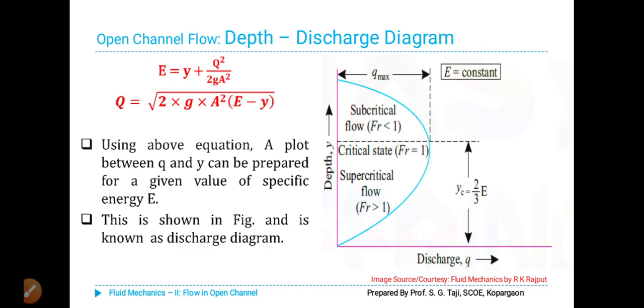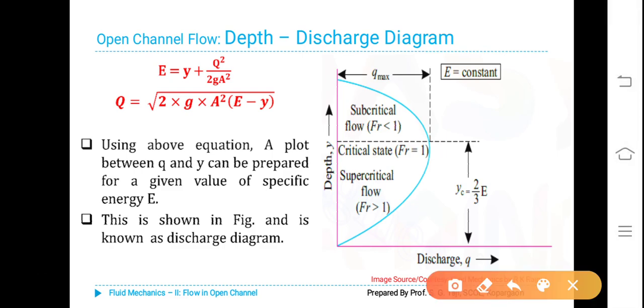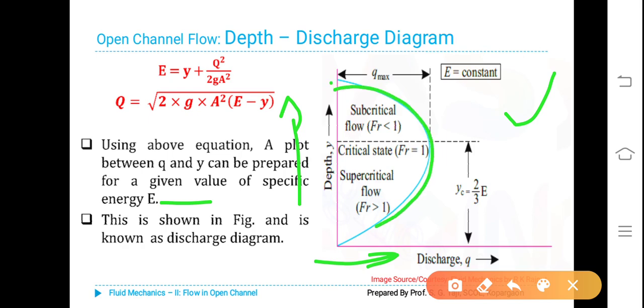Using this equation, a plot between discharge and depth can be prepared for a given value of specific energy E. This is shown in the figure and is known as the discharge depth diagram. Discharge is taken on the x-axis, depth on the y-axis, and if you plot the curve, you will get a curve similar to this.